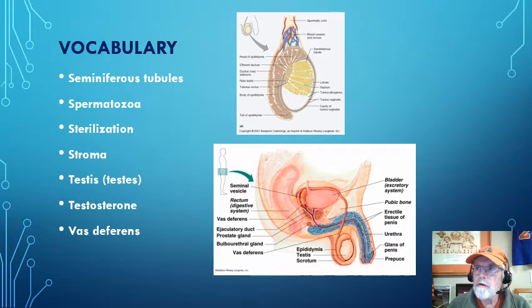Sterilization. Sterilization is the process by which you decrease the ability to produce or deliver spermatozoa. Probably the ultimate sterilization would be orchiectomy. Orchio, testes, ectomy, removal. Castration would be the same thing, castration, orchiectomy. By removing the testicles, the factories that make the spermatozoa are no longer there. So as a result, that results in sterilization.